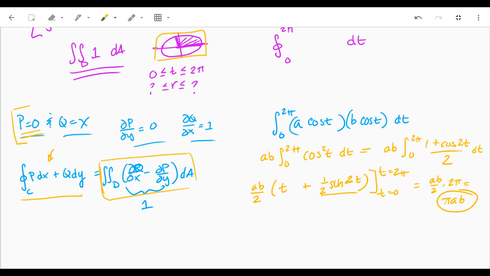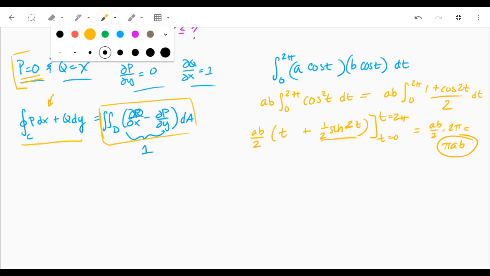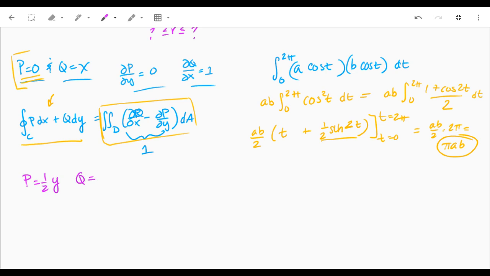If we were to choose the next one, I'm going to leave it up to you. I think in the book they do P equals negative 1/2 y and Q equals 1/2 x, where the first one is negative. So you could go through and do the same thing. And then the other option was that P equaled negative y and Q equaled 0.